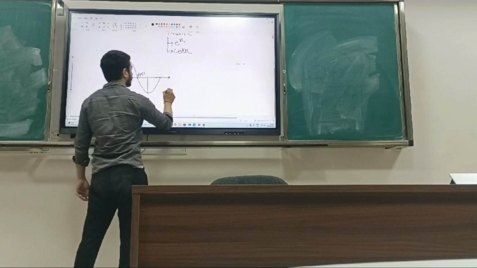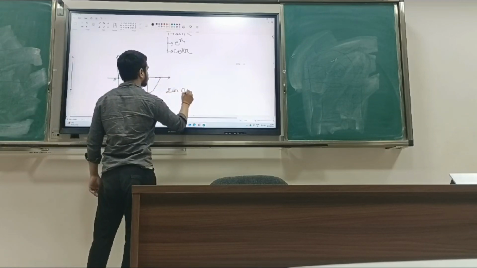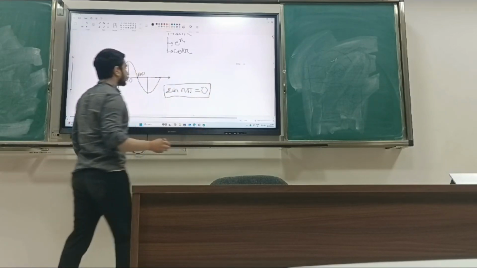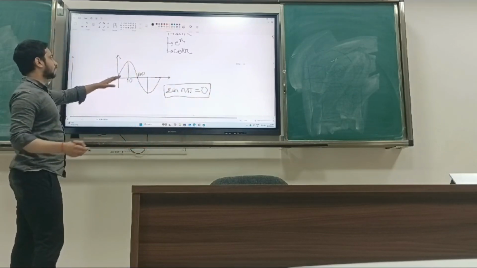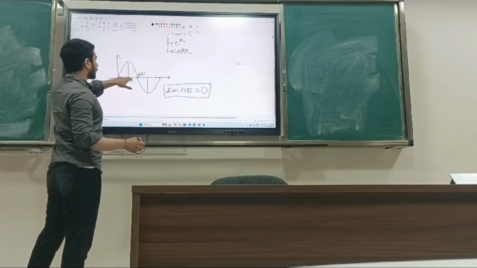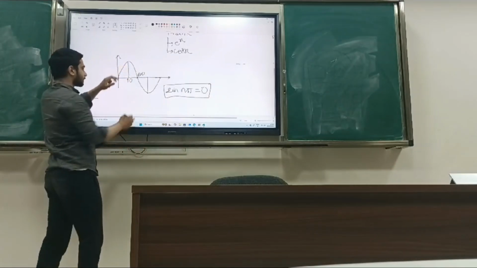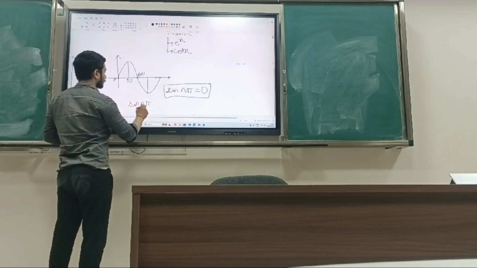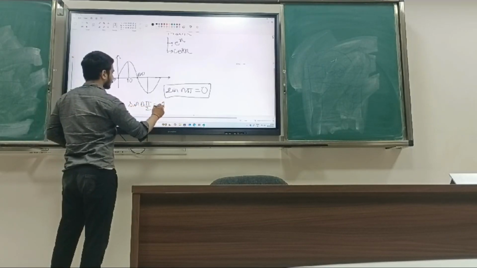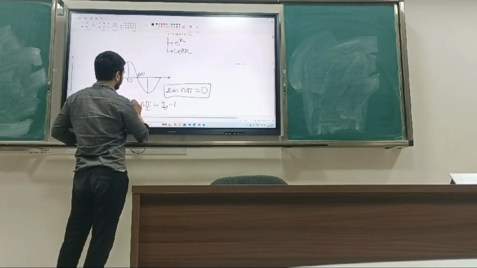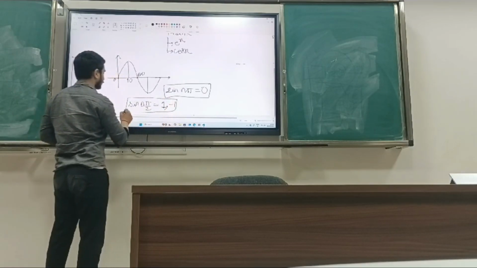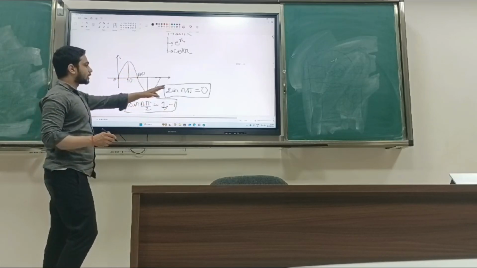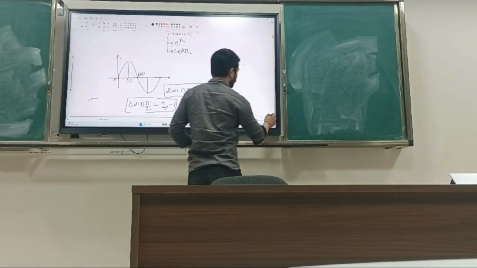So sin n pi is 0, and sin n pi by 2 is maximum, either plus 1 or minus 1. Okay, so this we know.